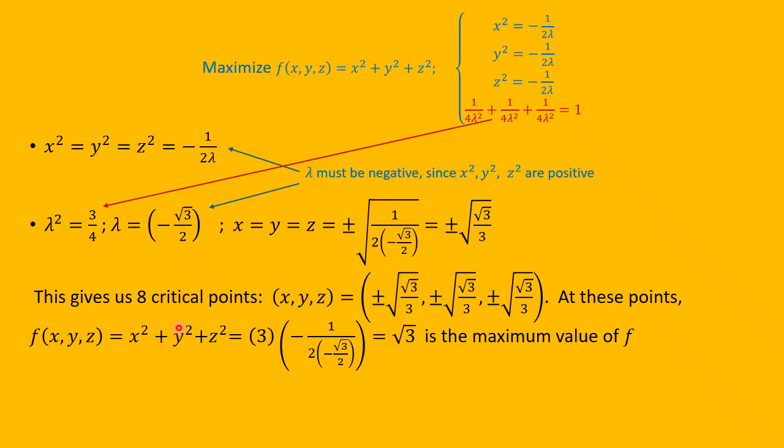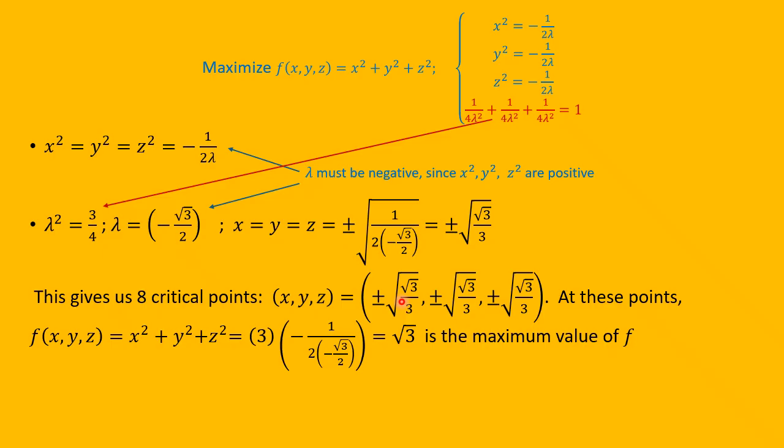So at these points, f of x squared plus y squared plus z squared is going to be 3, since remember, we have 3 terms, all of which were the same, and then minus 1 over 2 times minus the square root of 3 over 2. And when you simplify this, what do you get?